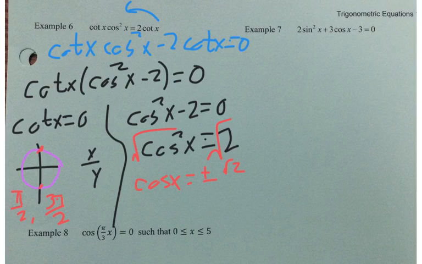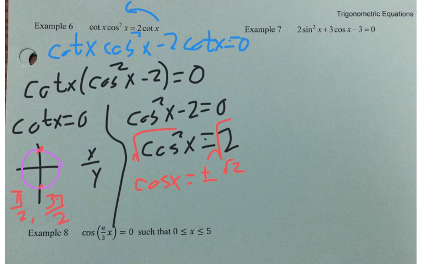Like, if I put it over 1, which side is bigger? Is radical 2 or is 1 bigger? Radical 2 is bigger than 1. So then the hypotenuse would be smaller. Can't happen. Okay?